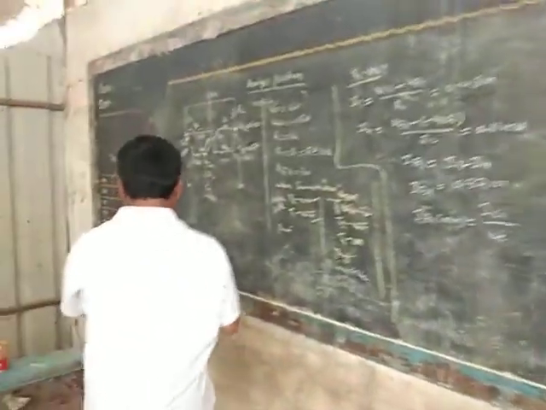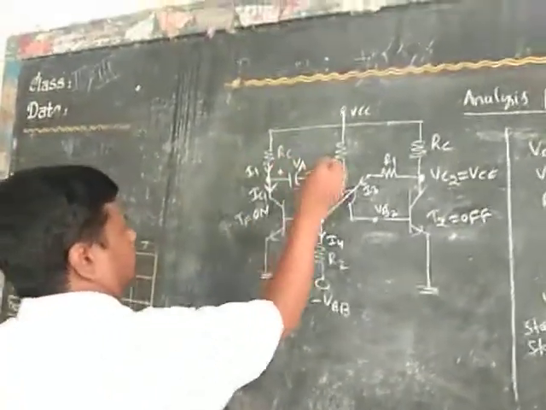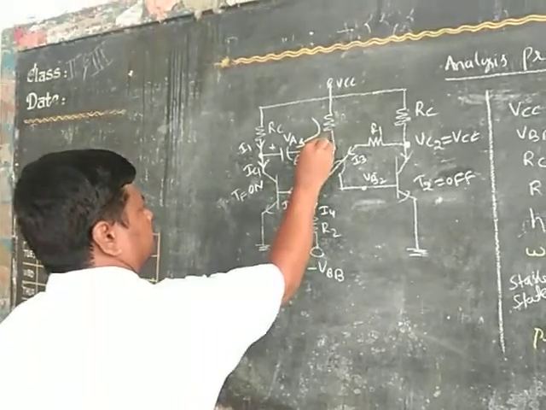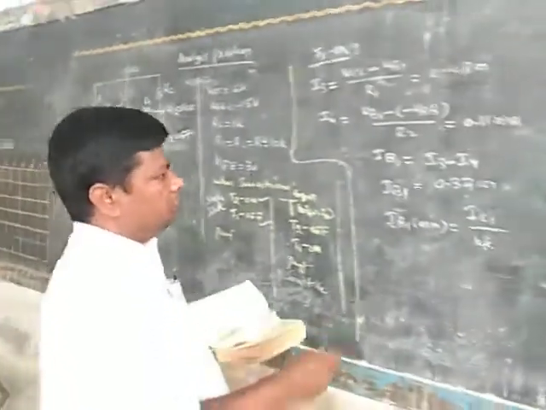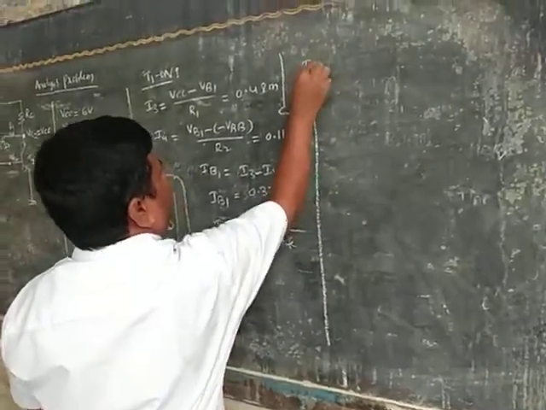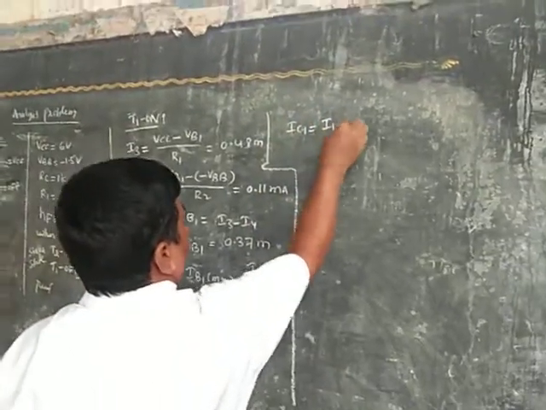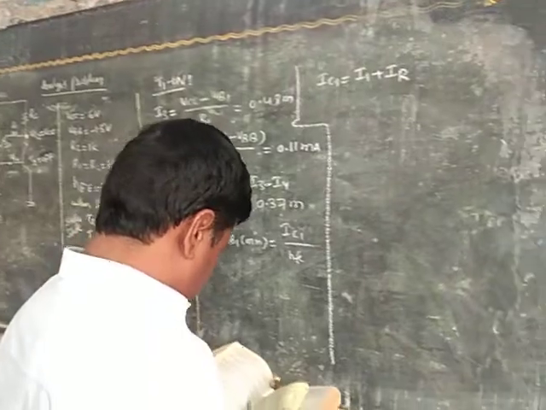And here the current flowing in this direction, some I1 current coming in this direction, IR current. So IC1 is equal to I1 plus IR.